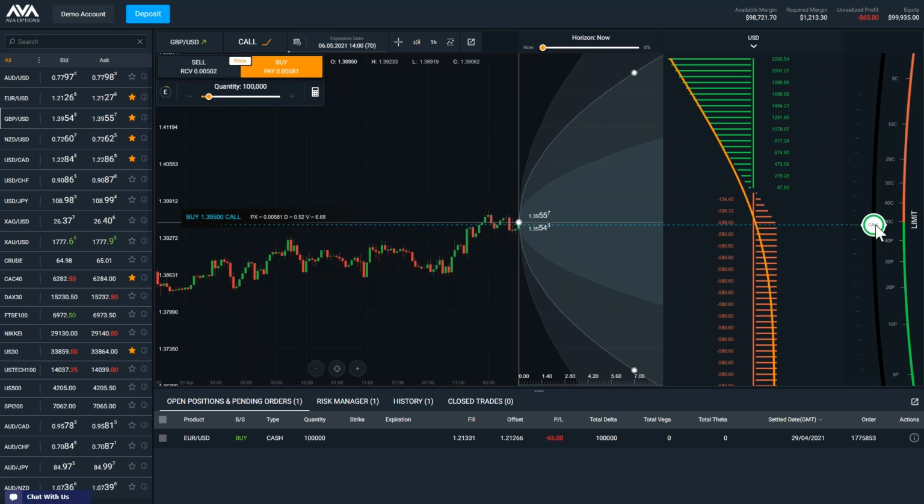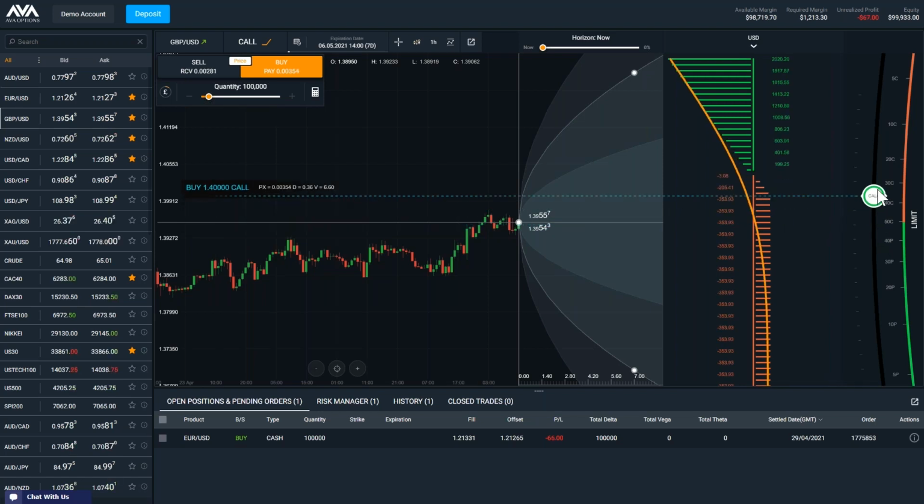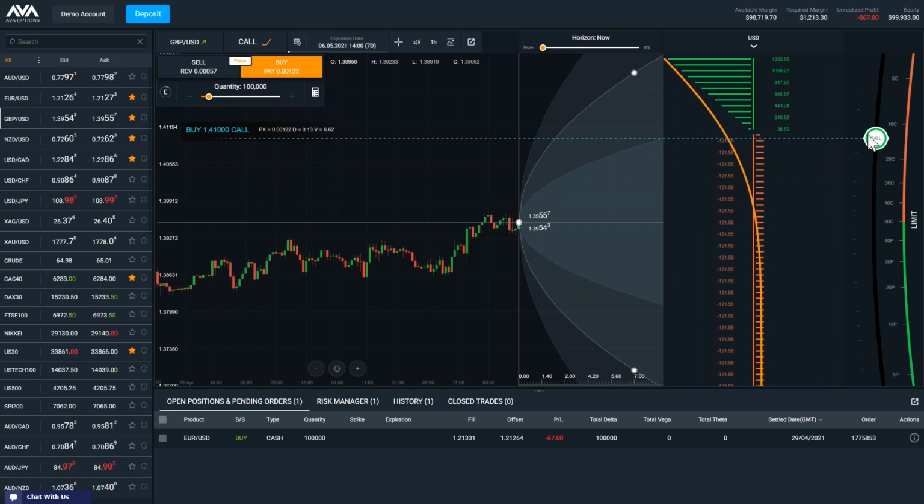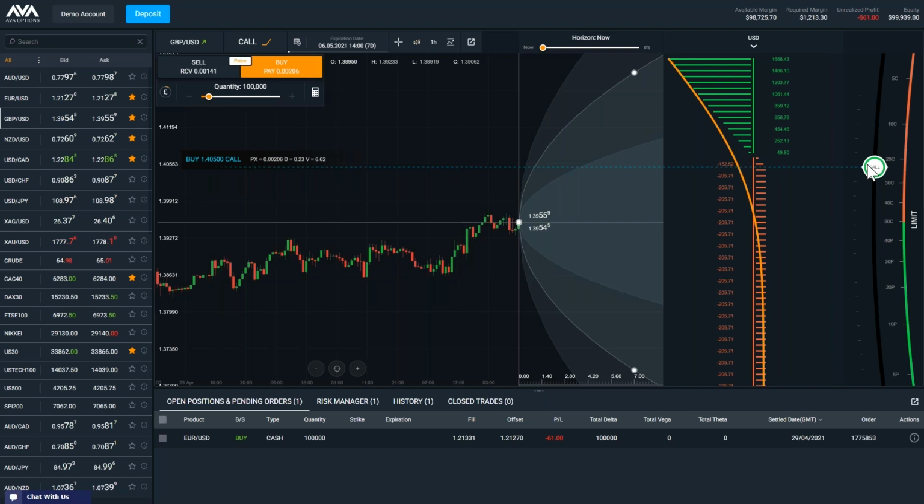I can use my mouse and grab this call button on the right side of the screen and change the strike of the option. So let's say I move this strike up to 140.50, 1.405. I've moved the strike of the option higher, which means I have the right to buy the pound against the dollar at 1.405.